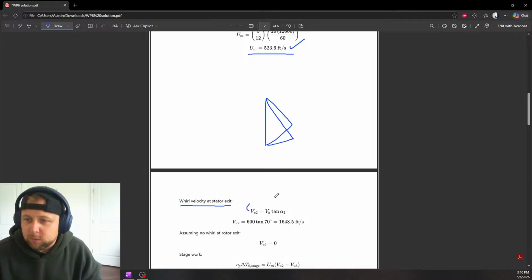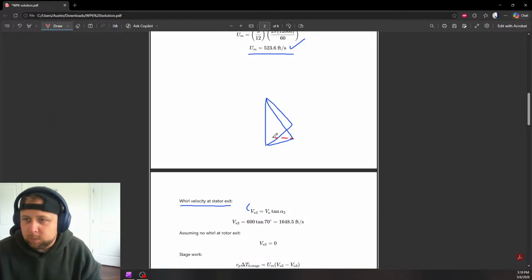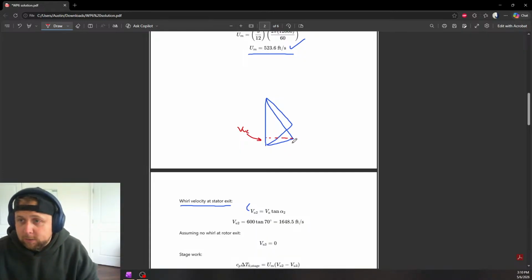So VU2 and VA, so I'm going to do a different color, see if I can do red. So this one is actually VU2. And then down here, technically, is VA.